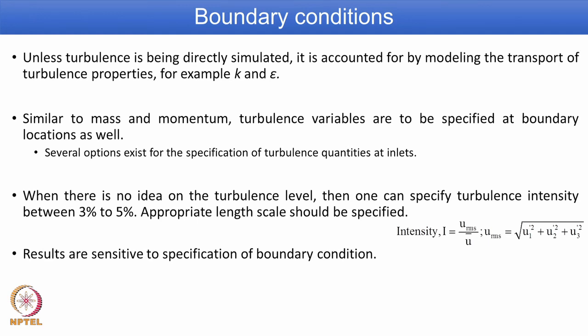Just like we have boundary conditions for the primary variables u, v, w and pressure, the turbulence equations for k and epsilon also require boundary conditions, and several options exist for specification of turbulent quantities, mostly at the inlet, and we follow a similar expression at other locations. Unless turbulence is being directly simulated, that is, there is a class of turbulence simulation called direct numerical simulation, where there is no modeling approach, the Navier-Stokes equation and continuity equation are solved as they are.